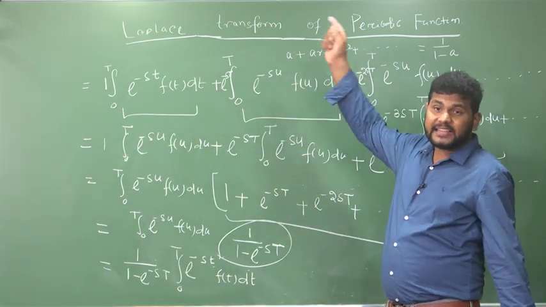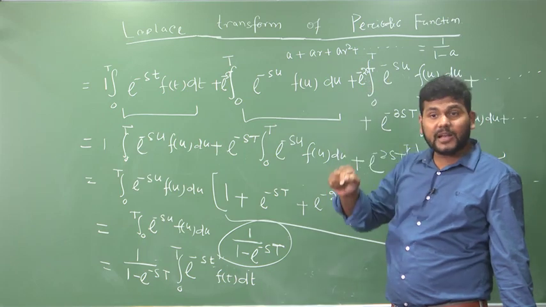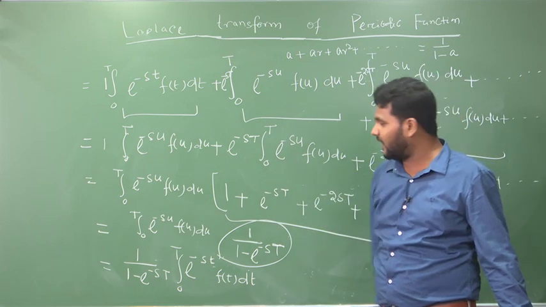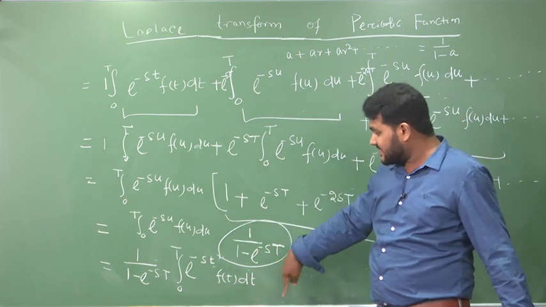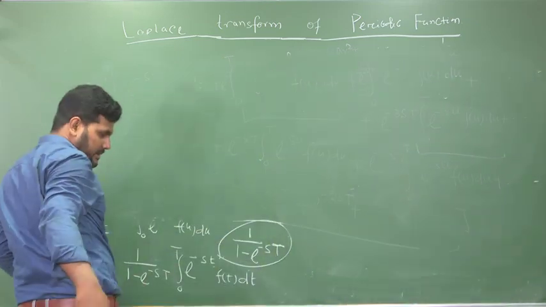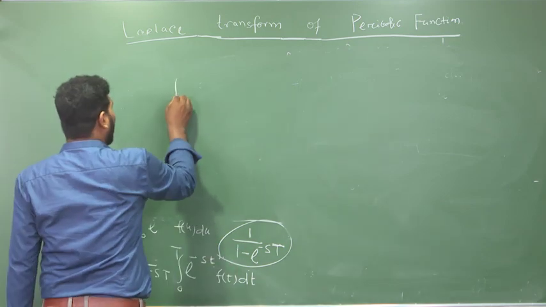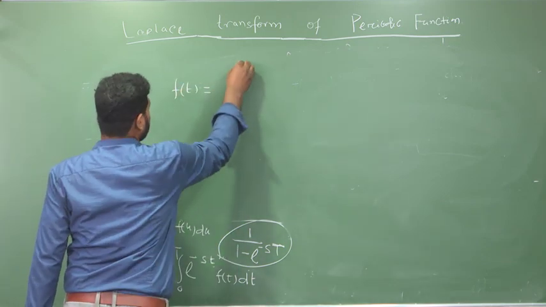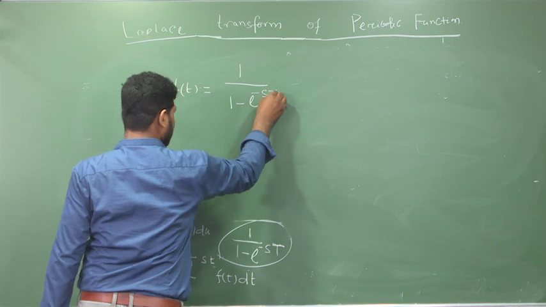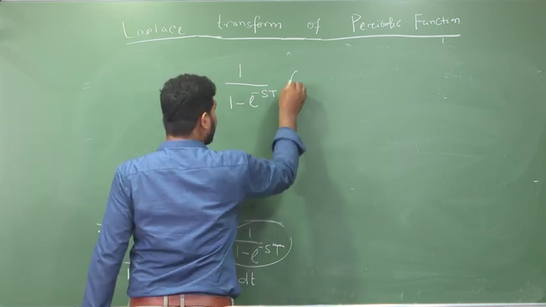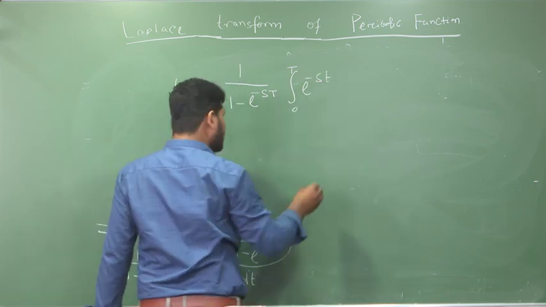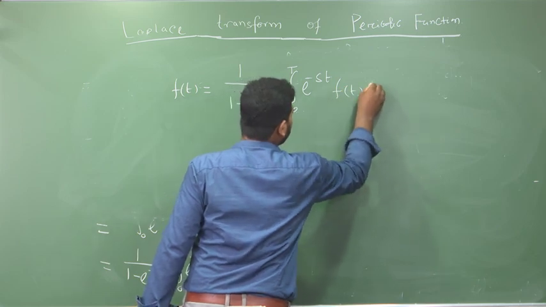Look at the initial stage, lower limit is 0, higher limit is infinity. That was looking a tedious way of calculation, but now this is a simplified formula. So every time we will use this formula. Well, so the ready-made formula for this periodic function is 1 upon 1 minus e power minus st, integration 0 to T e power minus st f of t dt.